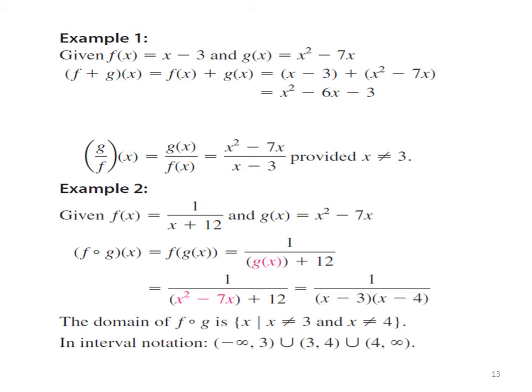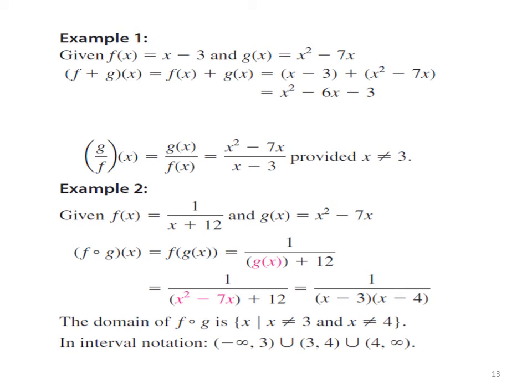Now to find the closed form for the composition, you are applying f of g of x, and g is applied first. When you look at it, this is the same thing as f of x, and if you start with f of x, replace x by g of x, you get f of g of x. So it will give you the composition.